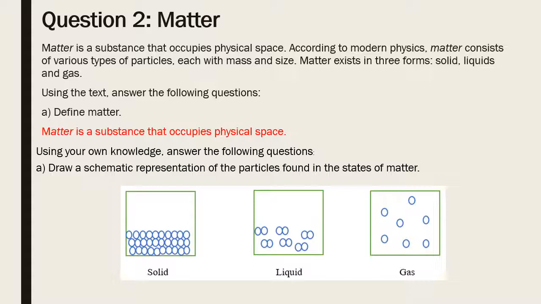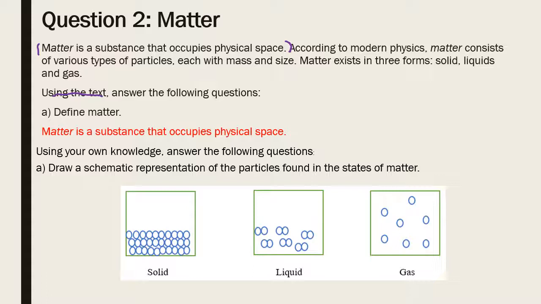Yes, we know that matter is anything that takes up space or volume, but it's not the definition I want. I want the definition which is the first sentence here: matter is a substance that occupies physical space, because it says using the text. When it says using the text, please use the text.